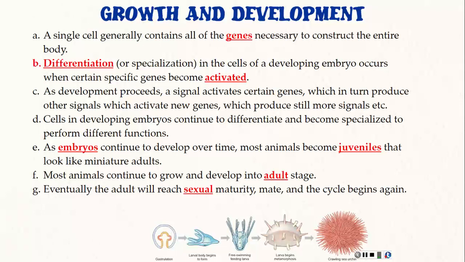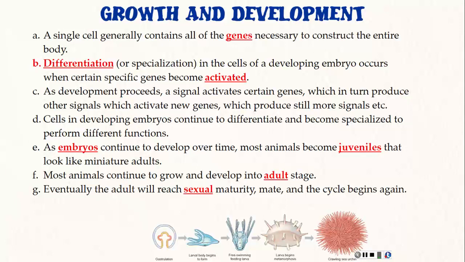There is differentiation or specialization in cells of developing embryos that occurs with specific genes when they become activated, and those proteins are made. As development proceeds, the activation of certain genes produces other signals and causes a cascading effect for the development of that organism in those different segments, and we see a result of those different body plans.